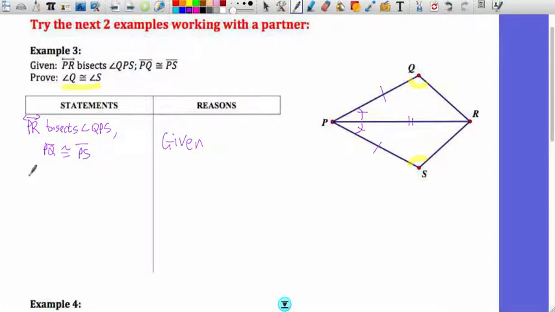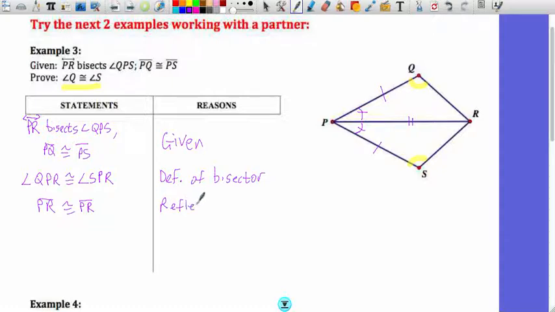We were then able to conclude that angle QPR is congruent to angle SPR, and that is because of the definition of a bisector. And thirdly, we can deduce that PR is congruent to PR, once again because of the reflexive property.